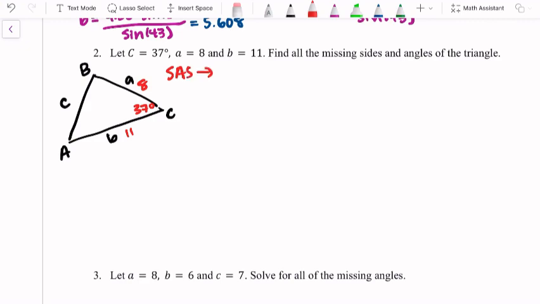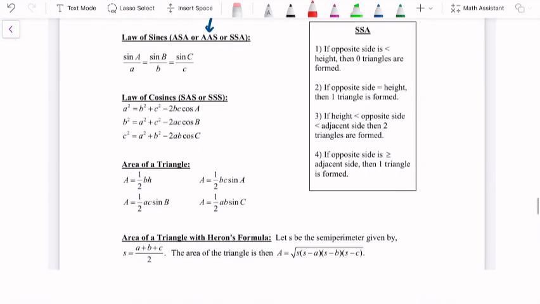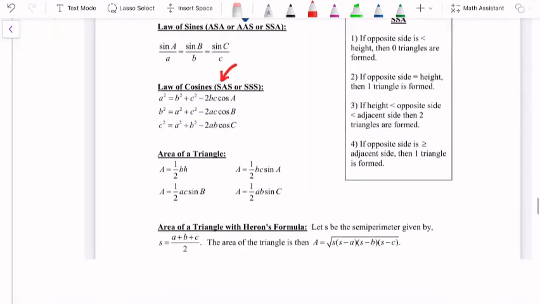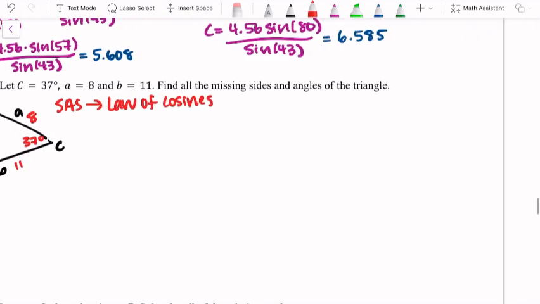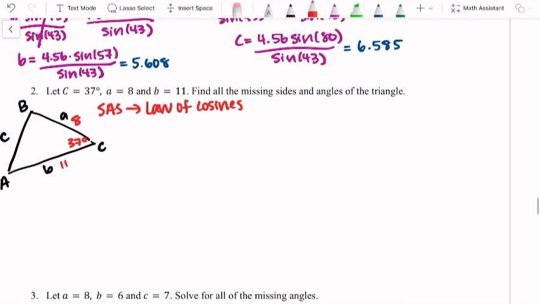So side, angle, side, according to our trig sheet, is going to be a law of cosines. Okay, so off to the side, I'm going to write all of the things that we still need to find. So I need to find capital A, the angle. I need to find capital B, the angle. And then I need to find lowercase c, the side.